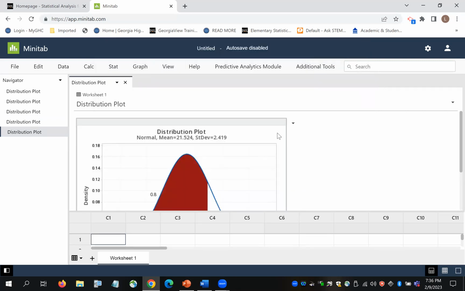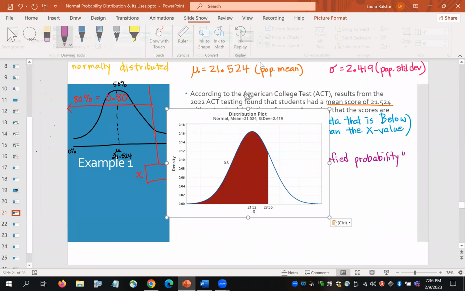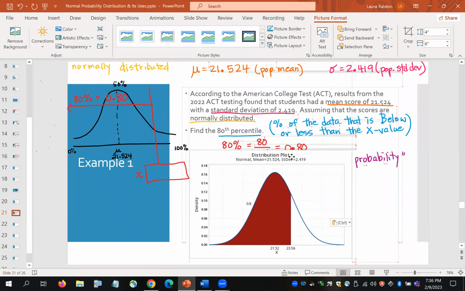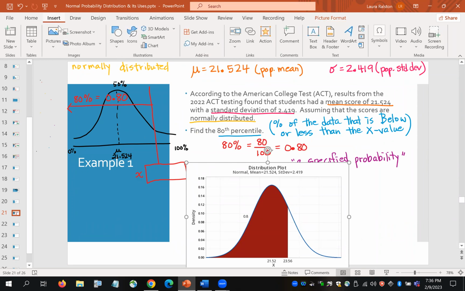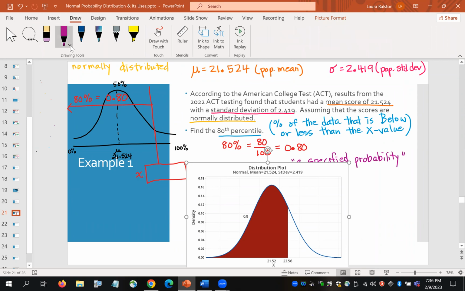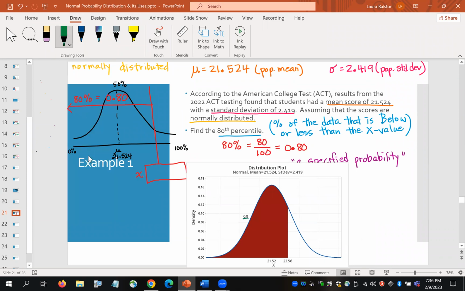Okay, let me carry this over here. You may think, well, Miss Ralston, that graph looks kind of like the other one. It does, okay? But again, look at the information. The number up here in the space is the 0.8.